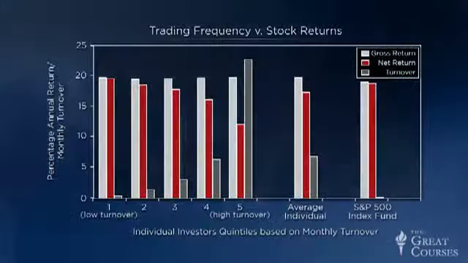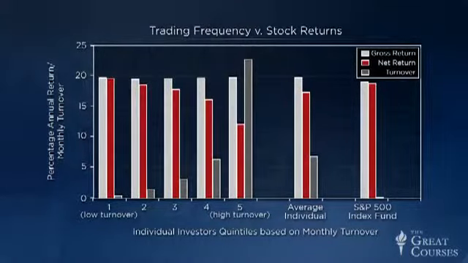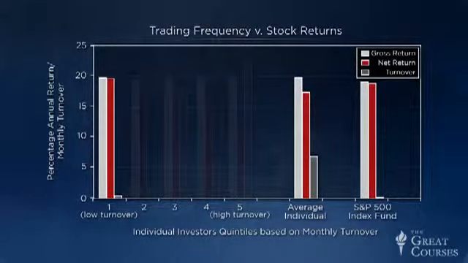The relationship between your trading frequency and your stock returns is strong. Barber and O'Dean grouped the 62,000 households and individual investors into 5 equal-sized groups based on how often they traded. The low turnover group traded much less than once a month.